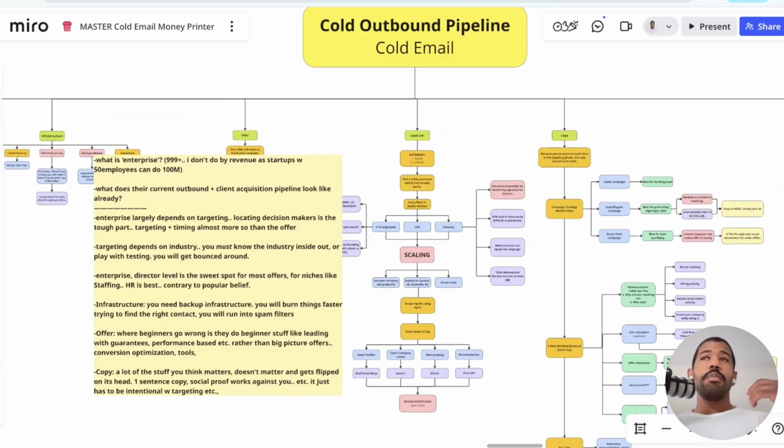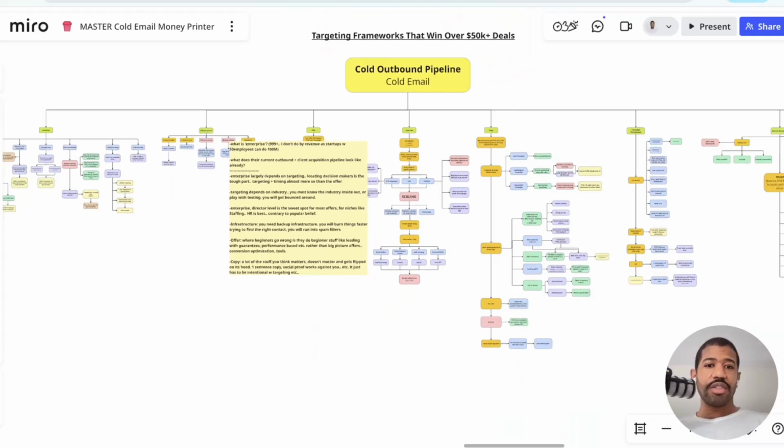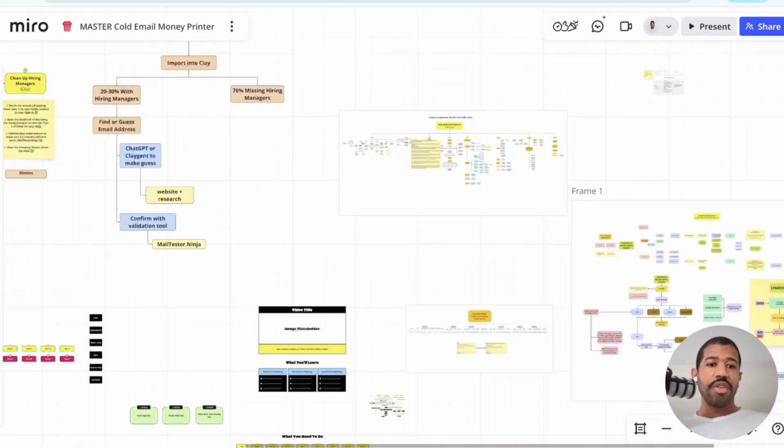In my case, I'm offering to build pipelines on demand: here's a totally new pipeline, usually cold email, to get you more meetings, more leads, client acquisition. And if you already do cold email, then let's talk about how to optimize your conversion, because I doubt they have a framework that looks like this.